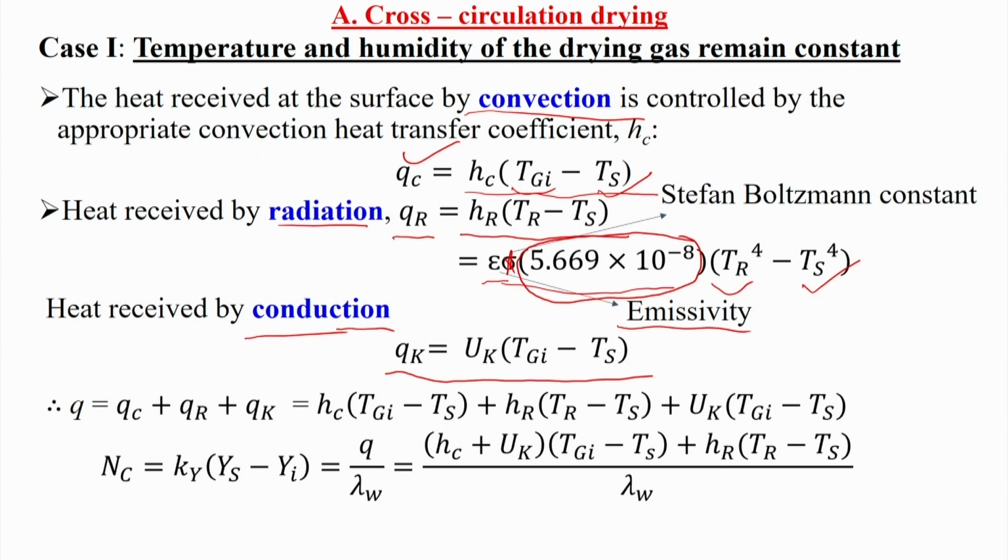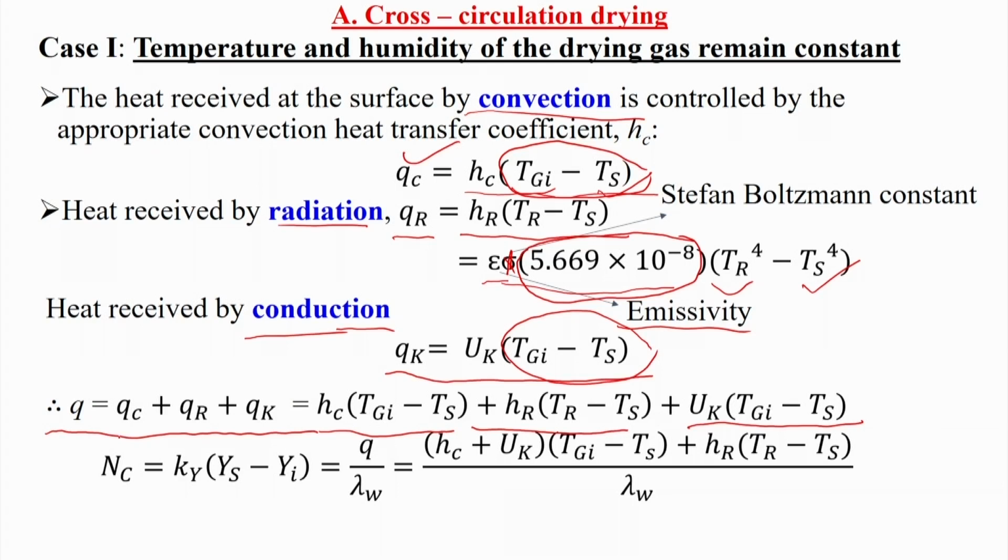One point we need to remember here is that for convection and conduction the temperature gradient is the same, Tgi minus Ts, but for radiation the temperature gradient is in the power of 4. The total Q is equal to Qc plus Qr plus Qk, adding convection, radiation and conduction.